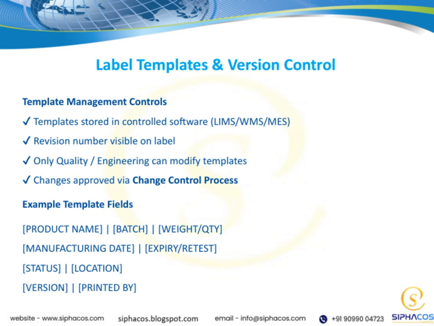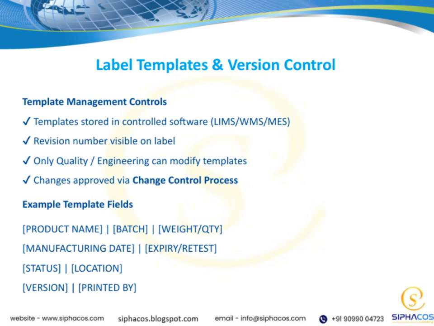It's also important to highlight that only authorized personnel, like quality or engineering teams, can modify these templates. This restriction maintains the integrity and accuracy of our labeling process. Any changes they make are subject to an official change control process, ensuring a formal review and approval before implementation.